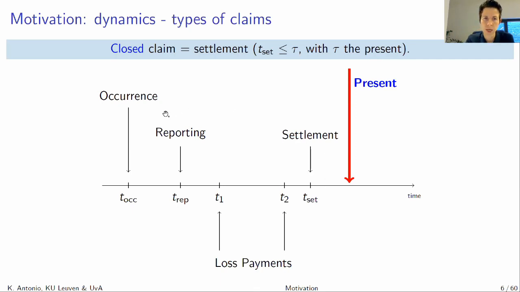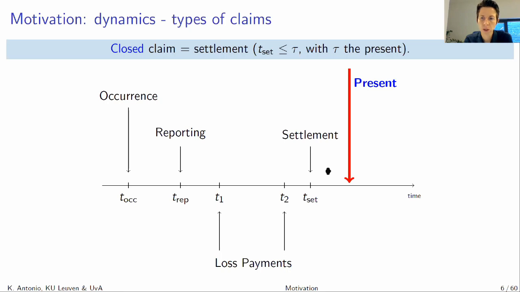So this whole timeline is happening before the present moment. So this is a closed claim. This is a claim for which I do not have to book in principle a reserve, unless of course I would keep the option open that with a certain probability, certain claims will reopen in the future. This is a closed claim.